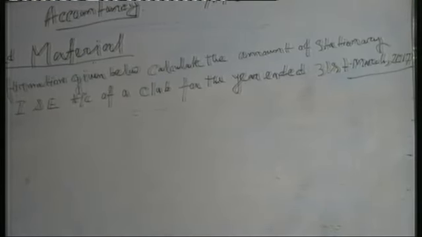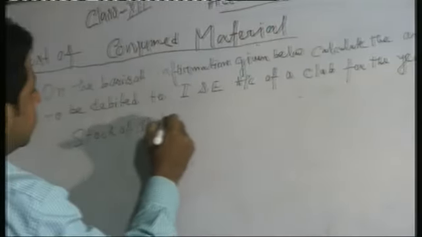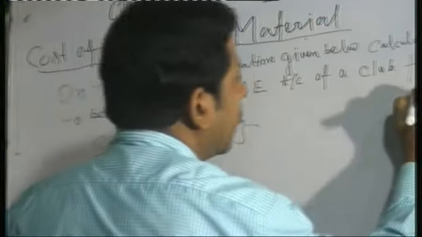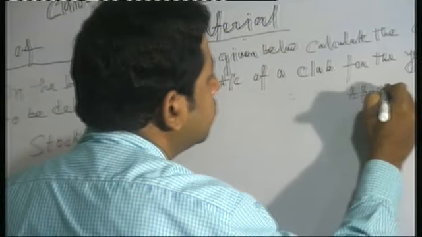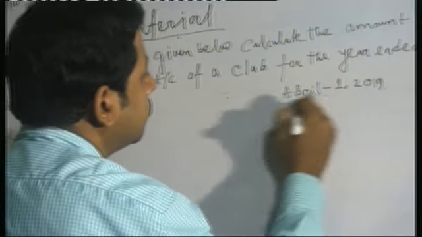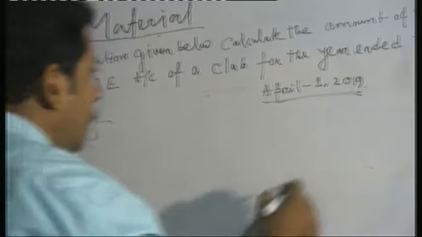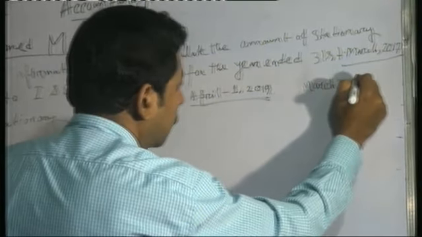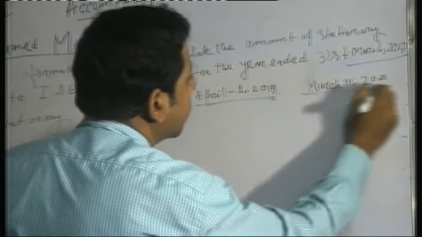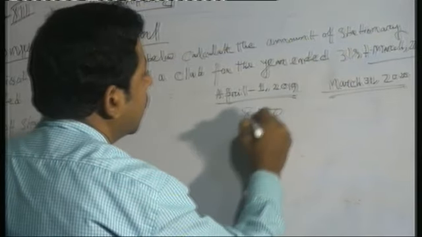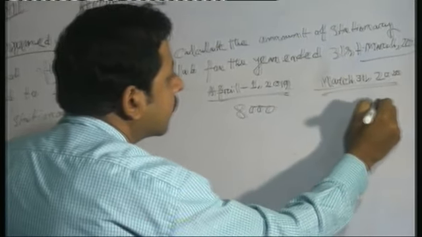Stock of stationery, April 1, 2019 and March 31, 2020. What is the value? 8,000 and this is 6,000.